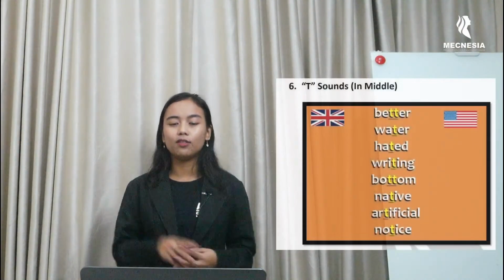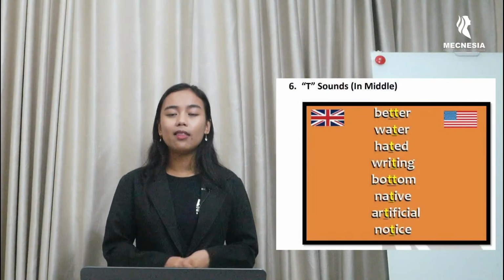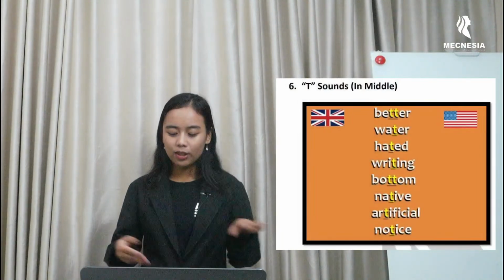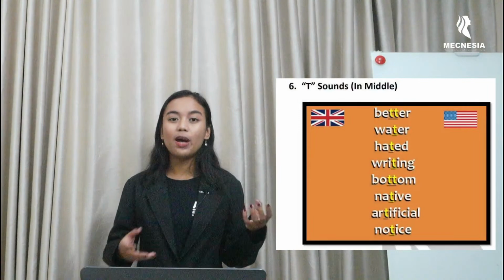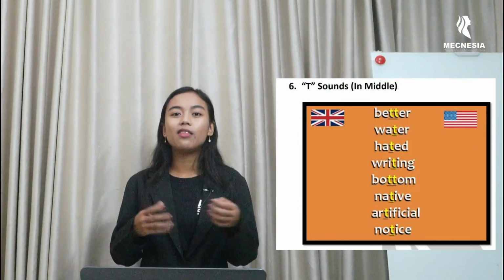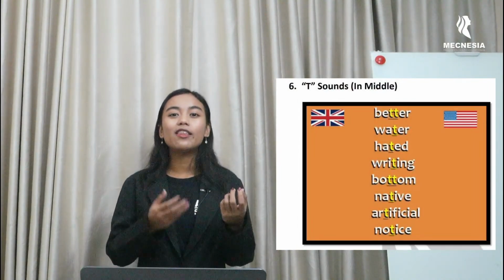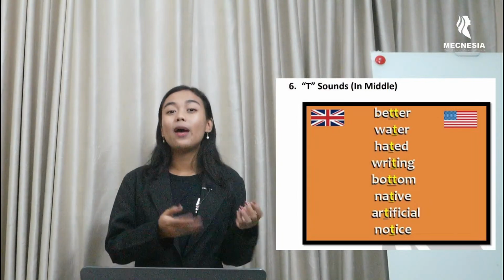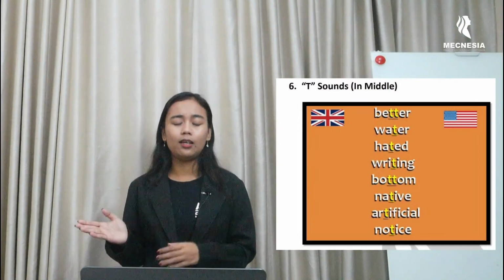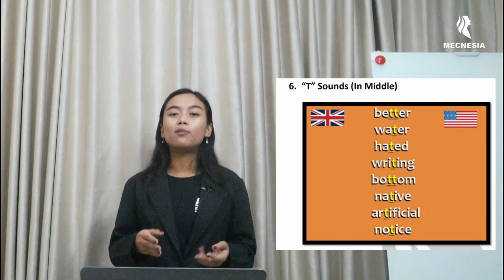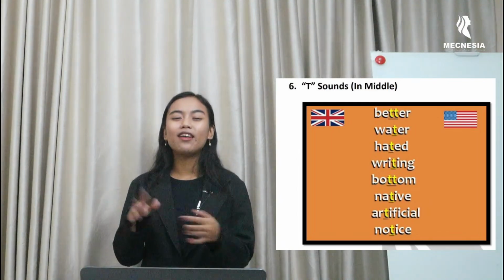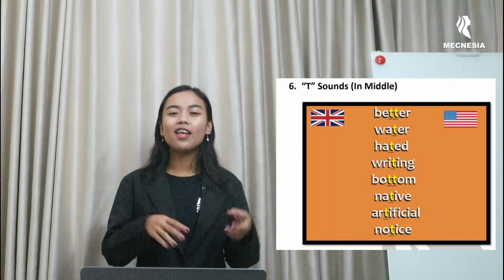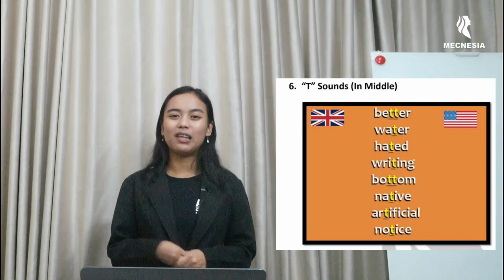For example, the first word, we have better. So, in British English, we say it better. Tetap T, better. In American accent, we say it better. Let's try it with me.